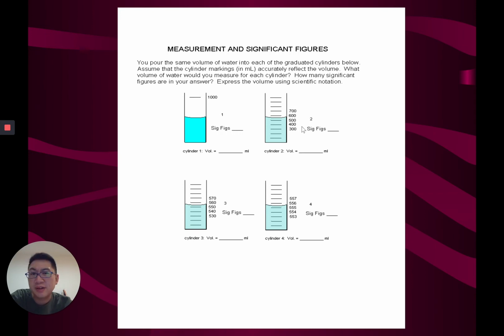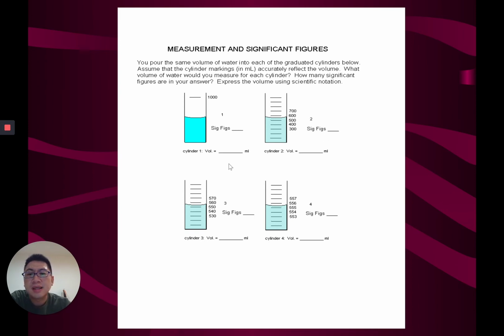How about 550? It's not 580. It's not 520. It's more in between 500 and 600. I'd say maybe 550. If I wrote 550, that number would have two significant figures. The two fives. I really don't know if this is 551.7. All I know is about 550.